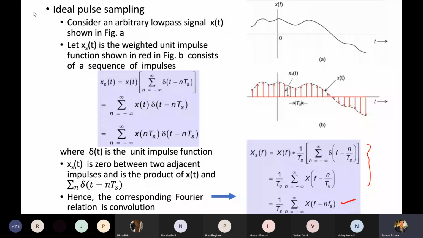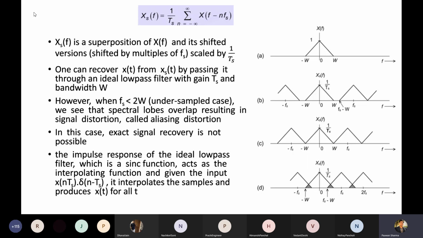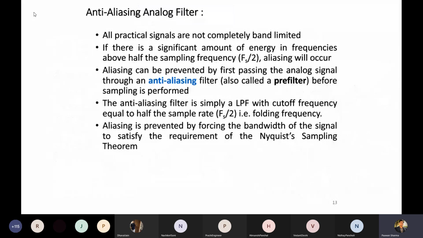I hope you can recollect. Yes or no? Yes, sir. So this is a simple concept, just for your information. I will not ask for all the derivation like this. So all these sampling and its frequency domain representation, you can have a look.